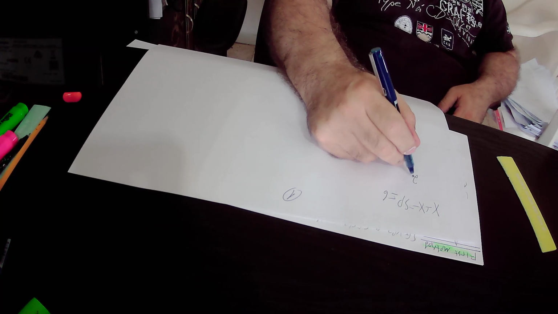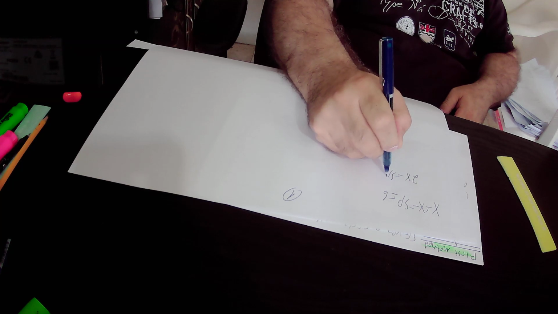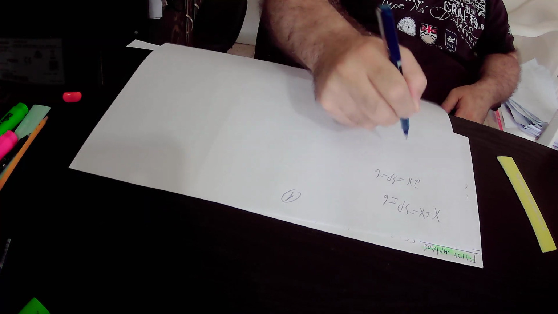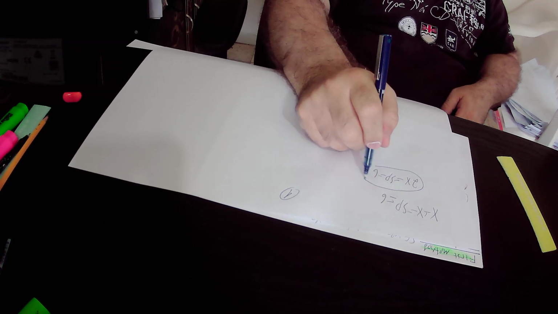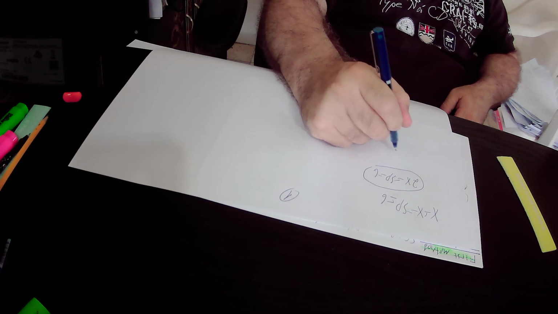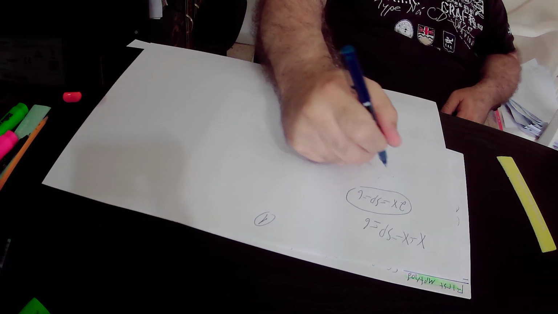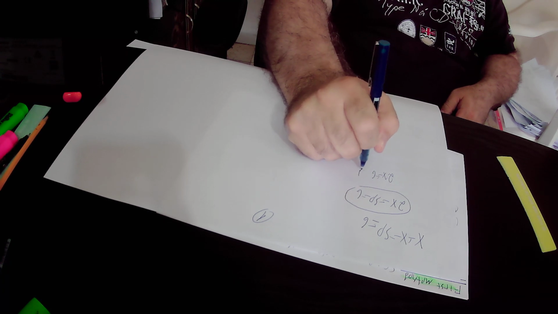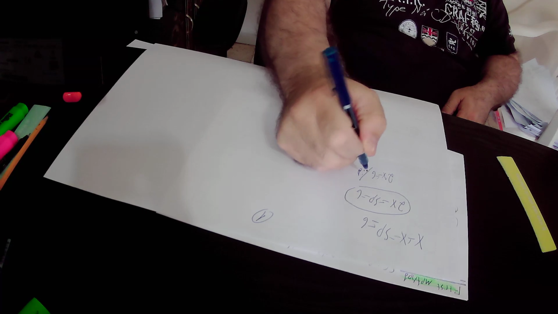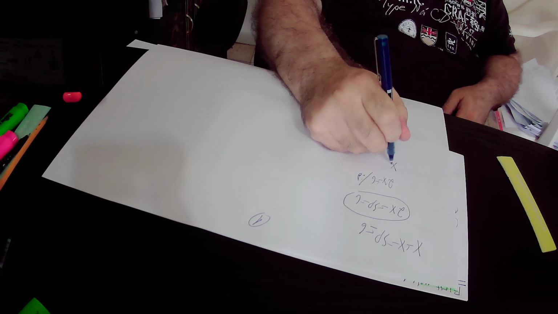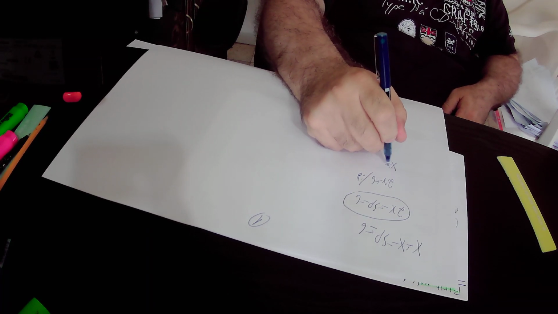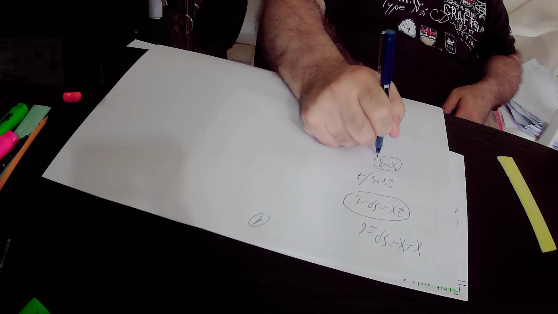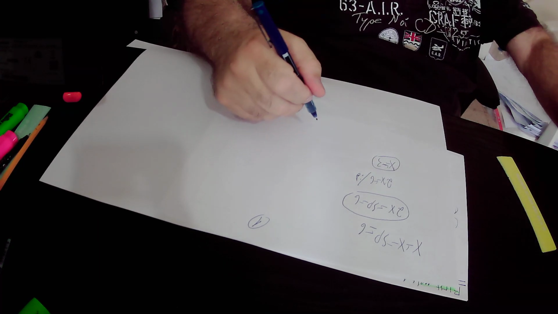X plus X is 2X, that is equal to SP, that is equal to 6. From this equation, we conclude that 2X equals 6. We divide this equation by 2, and we get that X equals 6 over 2, which is 3 units. So X equals 3 units.